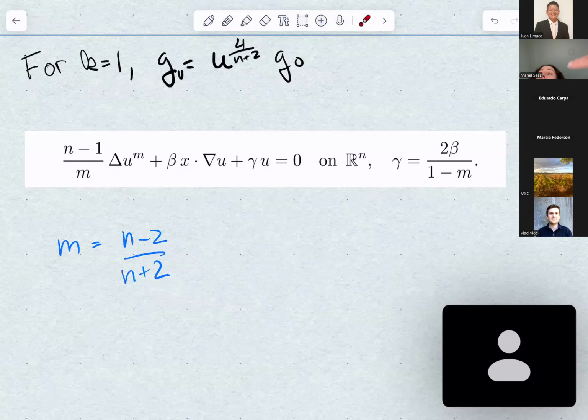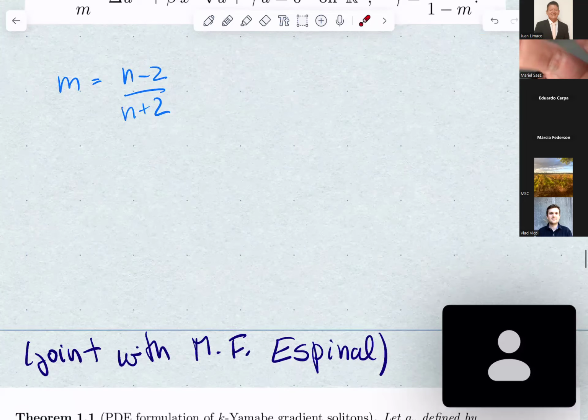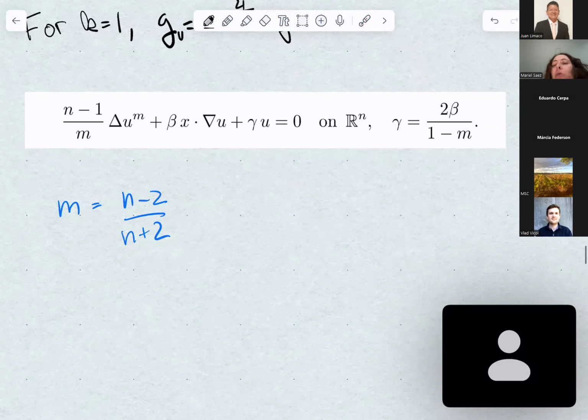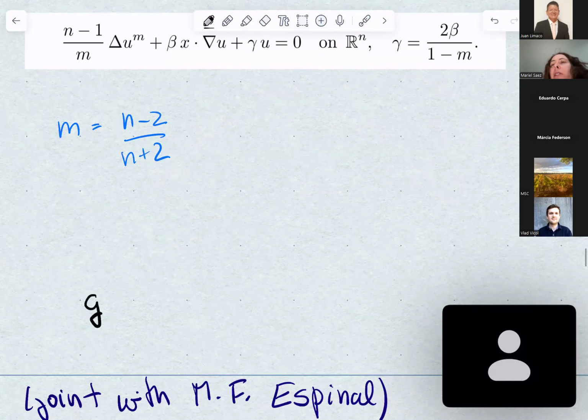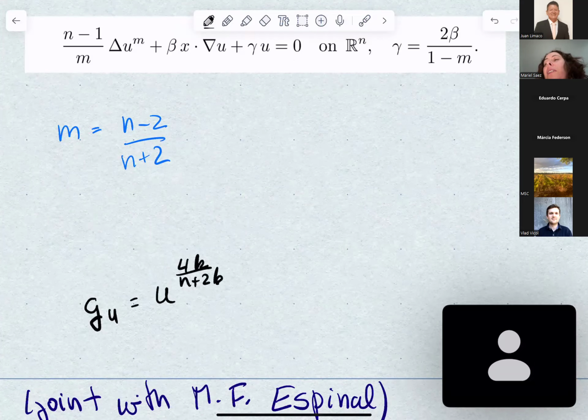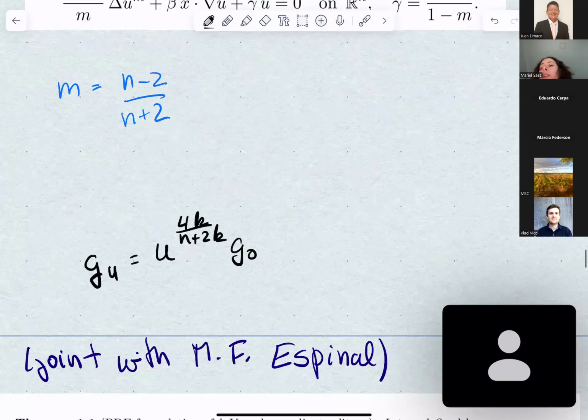So we said, okay, maybe we can do something similar. And what we did is, okay, let me tell you how we are gonna write the metric. So in our case, we're gonna write again the metric inspired by what they did, and the thing that we're gonna take is 4k/(n+2k) times G0 and try to see what is the PDE that you should satisfy.